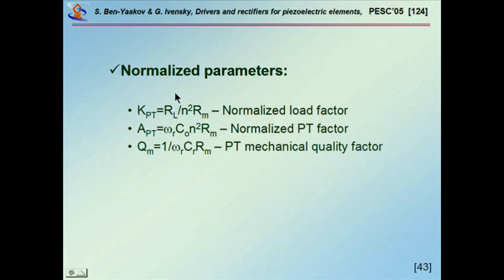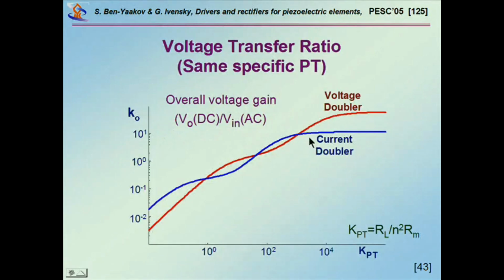There is the load factor, which is defined a little bit differently here. There is the PT factor, which has to do with the parameters of the transformer, and there's again the mechanical quantity factor. So let's have a look at the bottom line here.